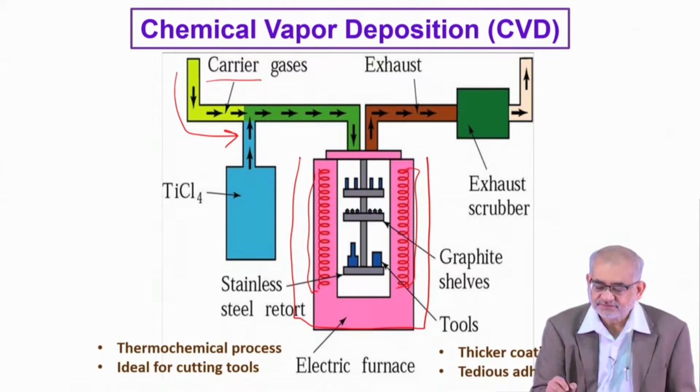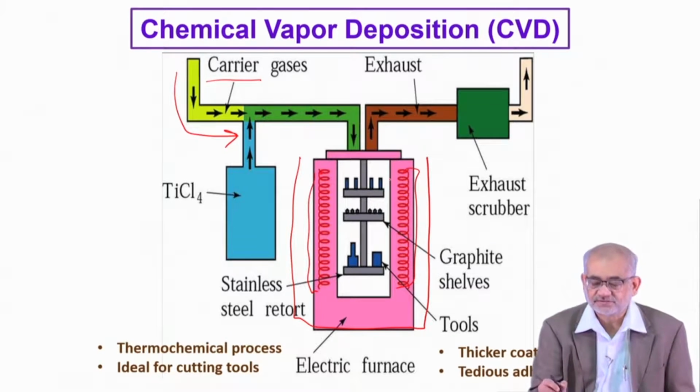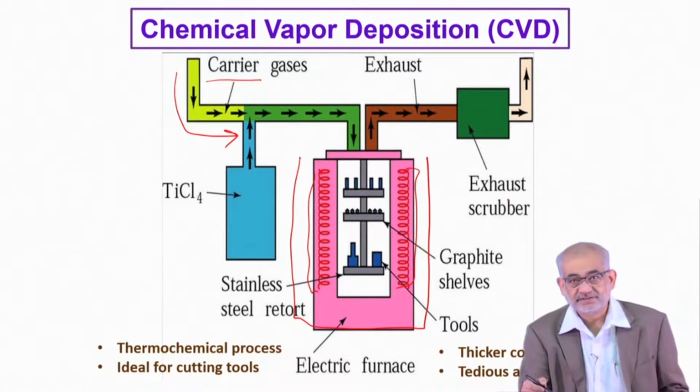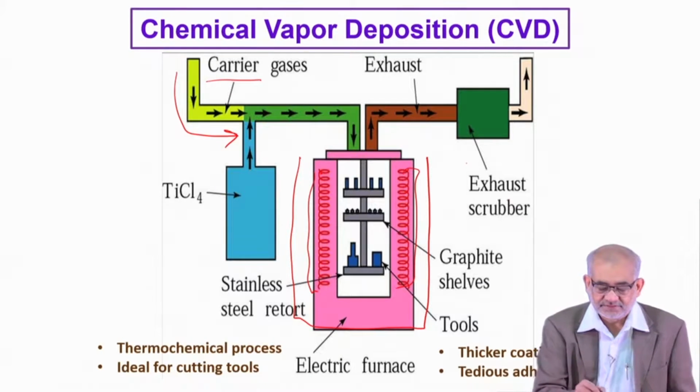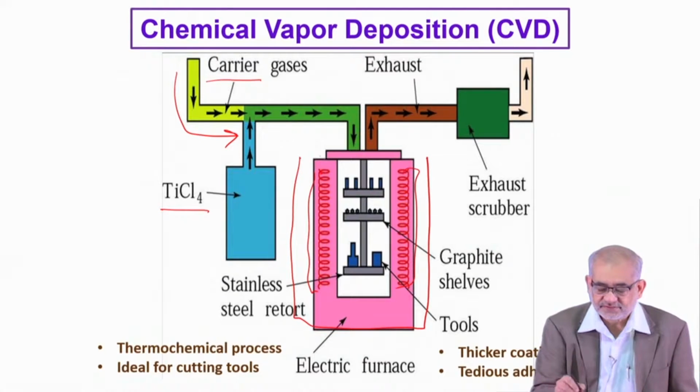Now, after the reaction, we produce certain byproducts. In some cases, these byproducts can be fairly toxic, not always, but whatever it is, these byproduct gases come out and are treated in an exhaust chamber by certain reactions. For example, in this particular case, when we are using titanium tetrachloride as a precursor gas and some other carrier gas, for example hydrogen, they mix together, and in the reaction chamber at the temperature, they dissociate.